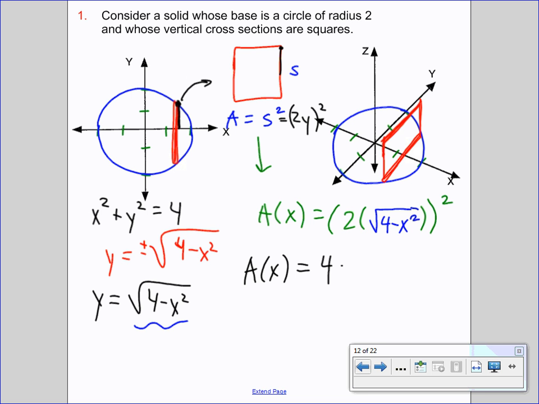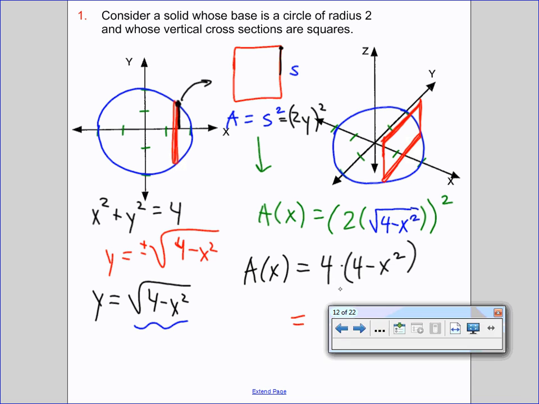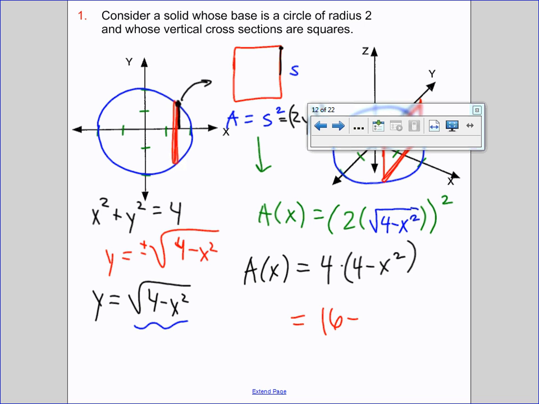The square root of 4 minus x squared, squared, is 4 minus x squared. So it looks like I'm getting 16 minus 4x squared for my A of x. How many mistakes did I make in that little squaring endeavor? You guys good?